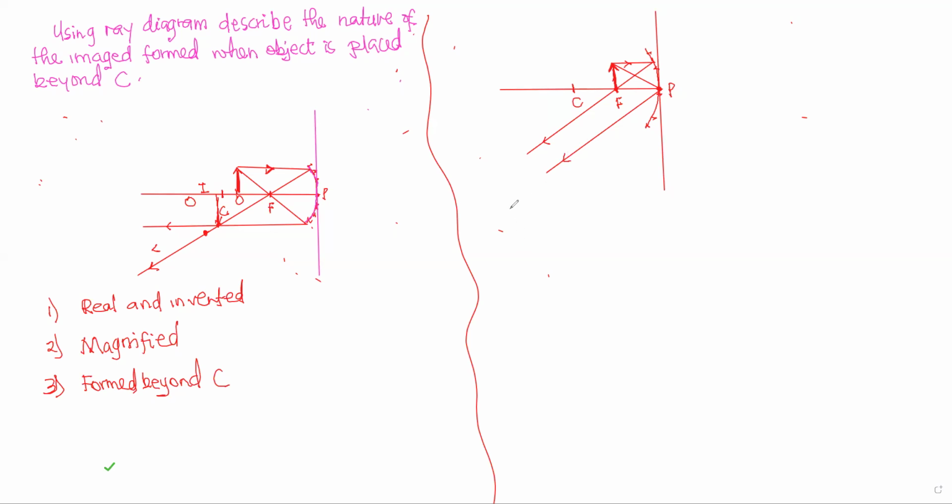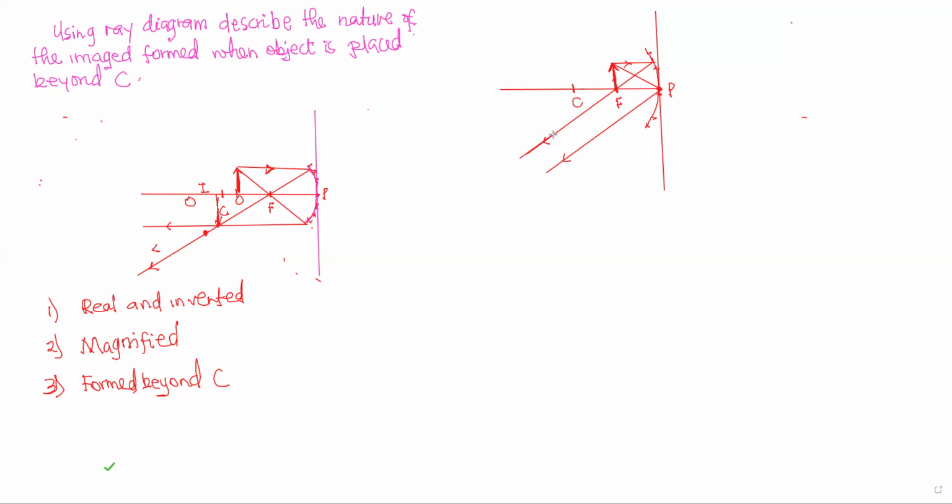You see, here the two reflected rays are parallel to one another. And because the rays are parallel, it implies that they will meet at infinity.